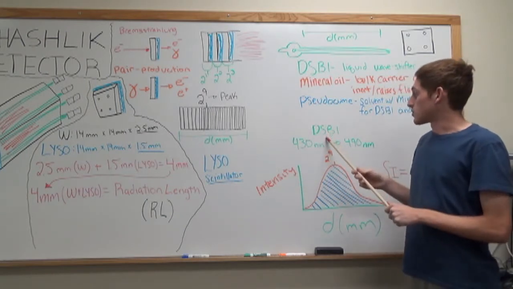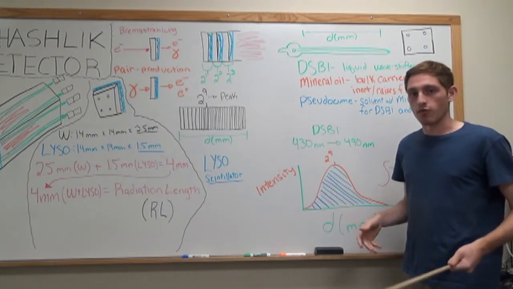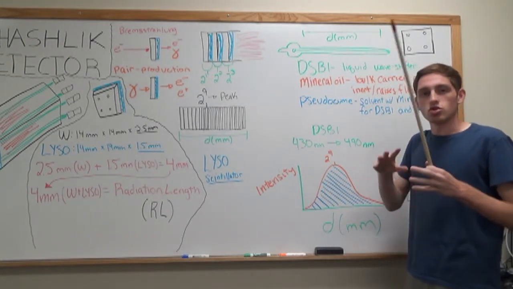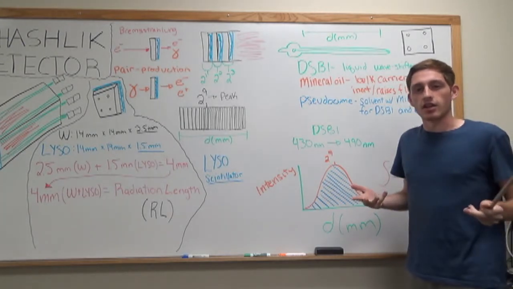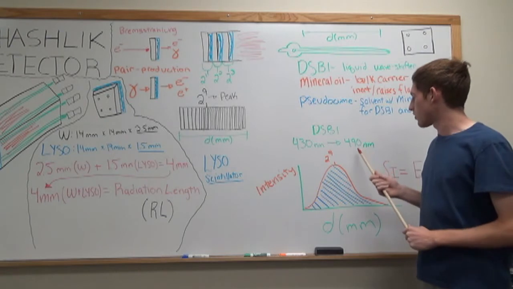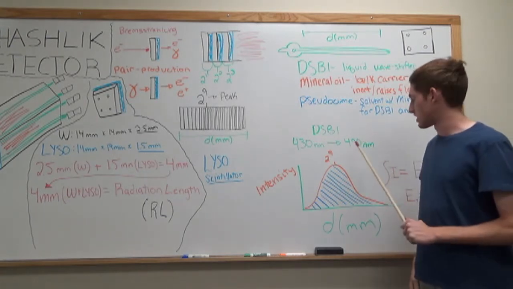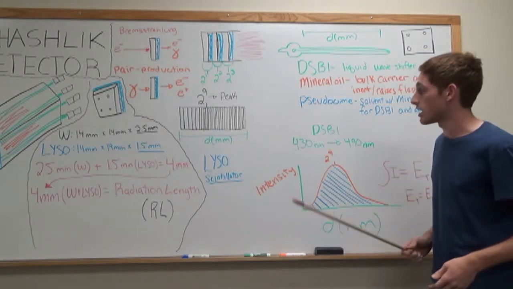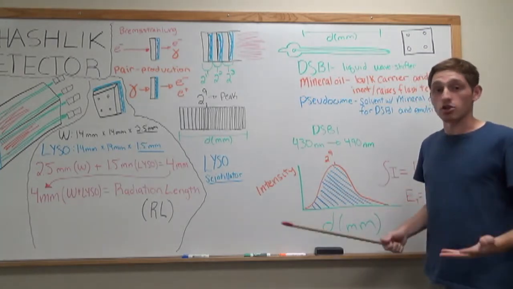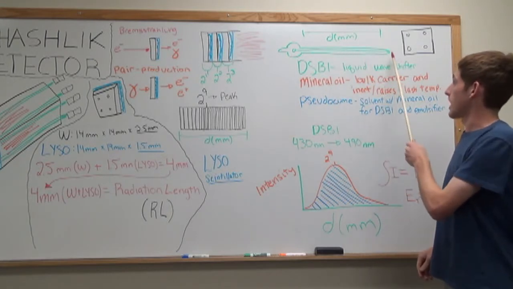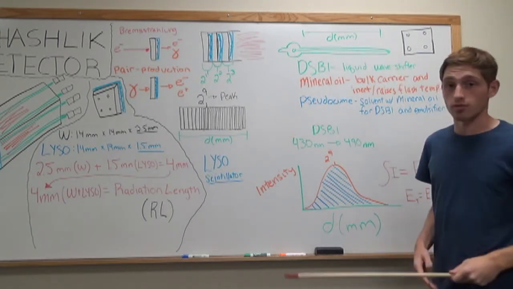So the DSB1 gets excited when it's hit by a photon of this wavelength. The molecule will sort of get excited and change. And when it does this, it releases a different photon of light at 490 nanometers. And this is the important part, because at 490 nanometers, now the light will traverse through the capillary tube to a photosensor.